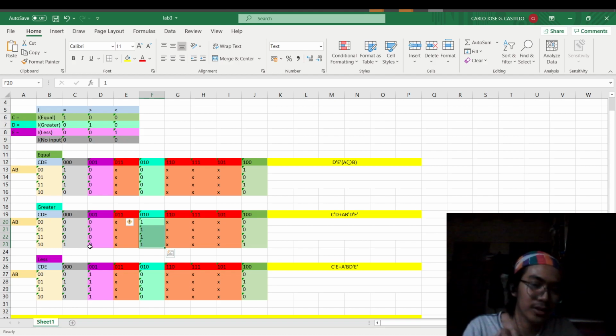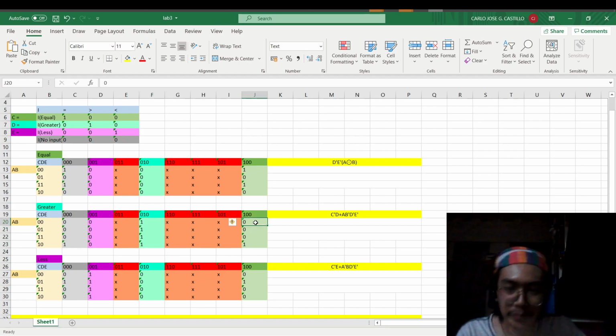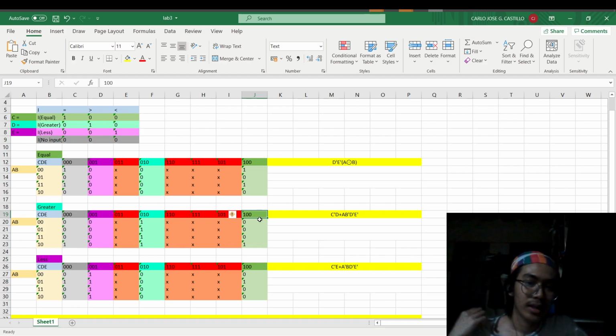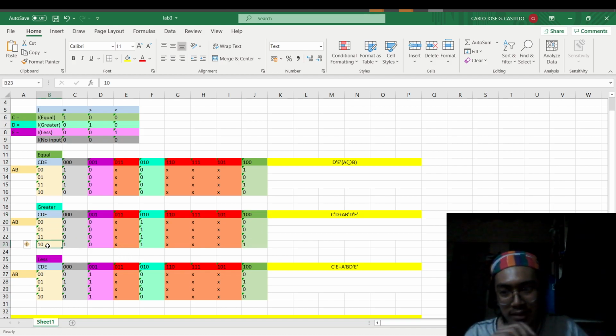If we discover that it is already greater from the start, then it is indeed A is greater than B. So here, in the case of equality, meaning the previous comparator said that the previous bits are equal, we look at the inputs.